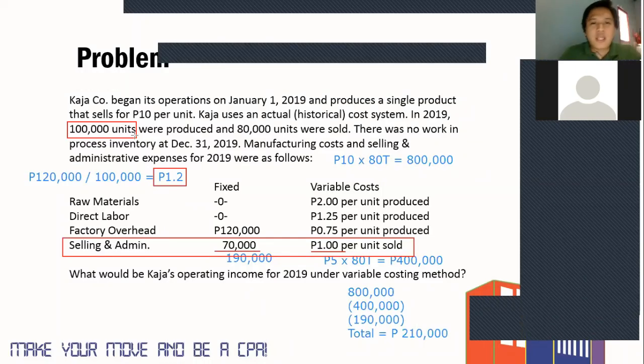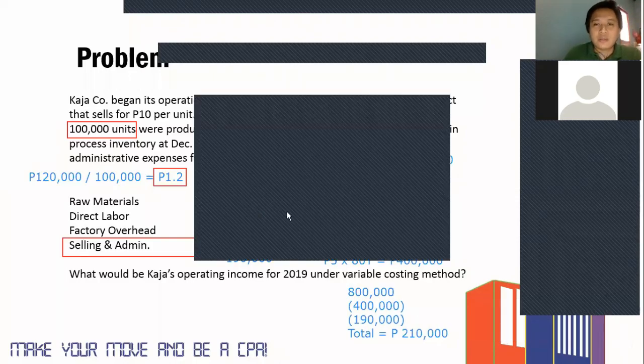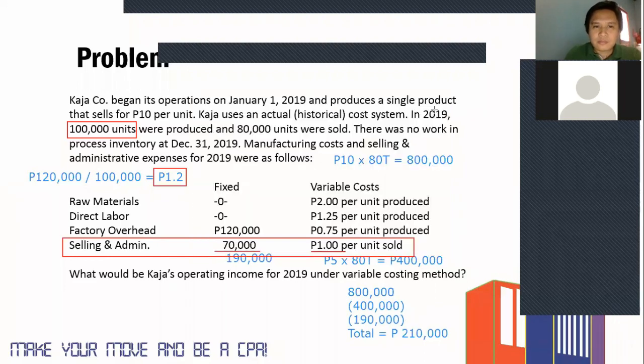However, only 80,000 units were sold. So, ibig sabihin, meron tayong 20,000 units na hindi nabenta. No problem, regardless of the method you use, if 100,000 units were produced and 100,000 units were sold. However, dito kasi, we have a 20,000 difference.